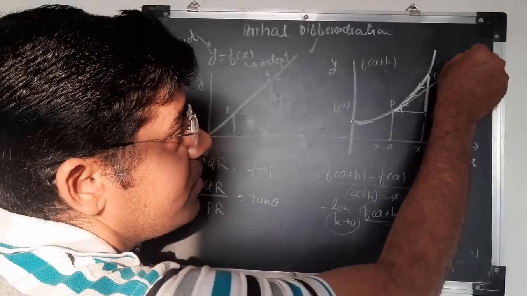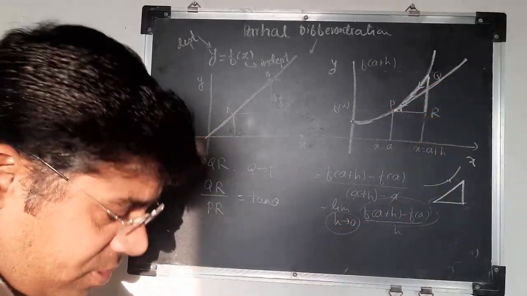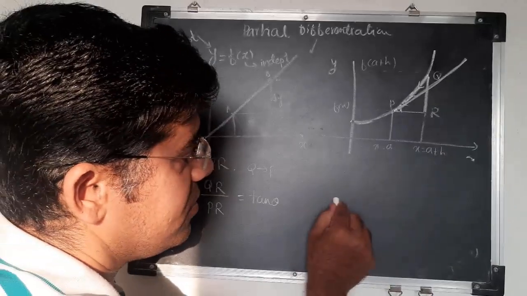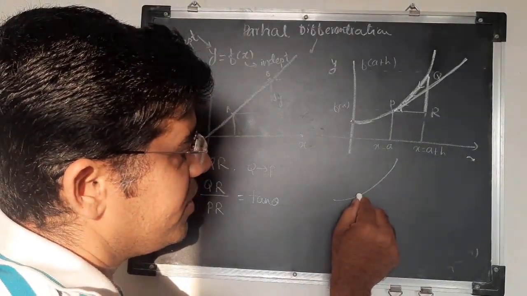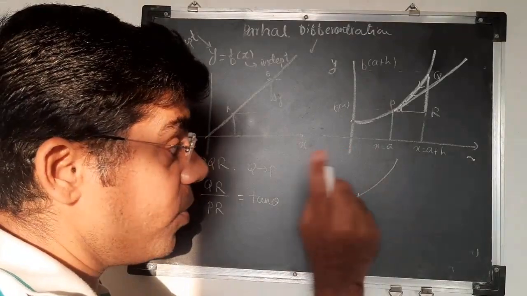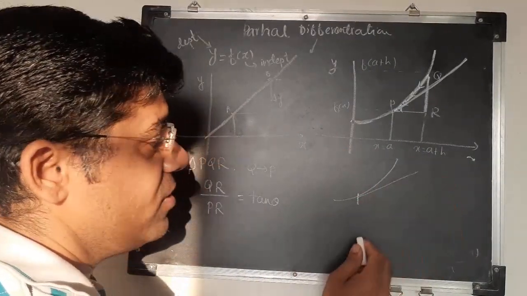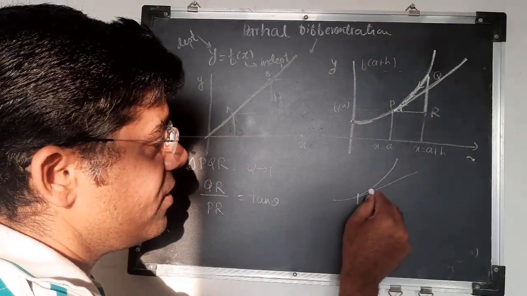Now suppose I will draw a separate curve, and I will provide a tangent at a point x is equal to something. So this is my tangent. Suppose I extend the tangent line here also.